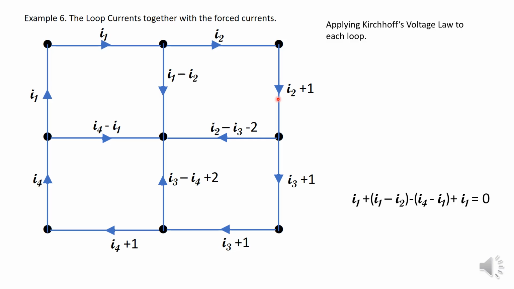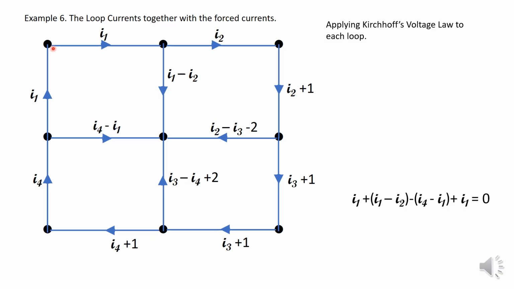So let's look at this cycle here. Here we go around the loops. Right? When we are working with loop currents, the cycles we use for Kirchhoff's second law are just the loops. Okay, so we'll look at the loop with I1.